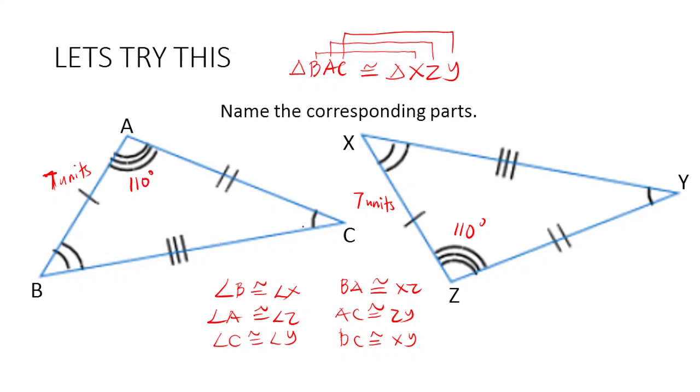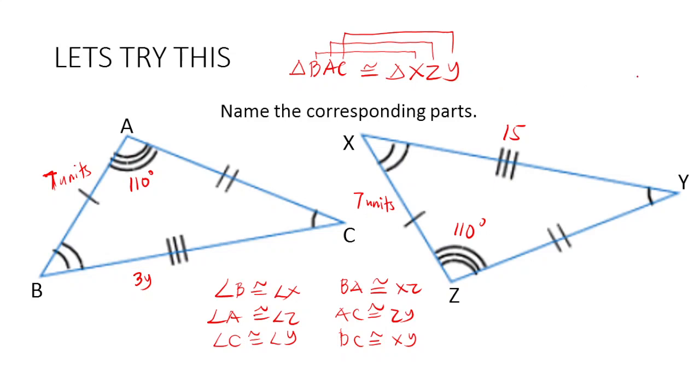Very good. And if side BC is 3y and side XY is 15, what is y? Solve for y. Okay, go ahead, Sherilyn. Okay, so paano ba nakuha yung 5, Sherilyn?